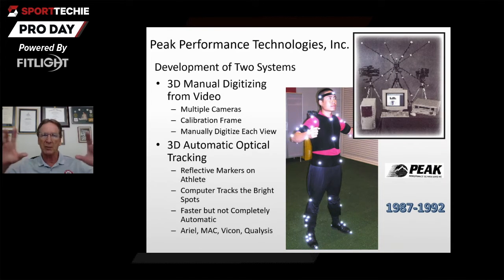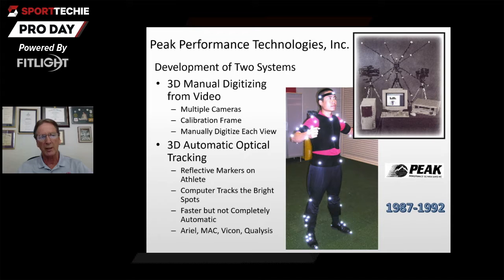And with 2 cameras, basically you can triangulate a point. And so you can calculate not just its XY position, but also its X, Y, and Z position simultaneously. The principle there was to use a calibration frame, and that's this Sputnik-looking device right here. It has known points, and so you digitize all the known points.